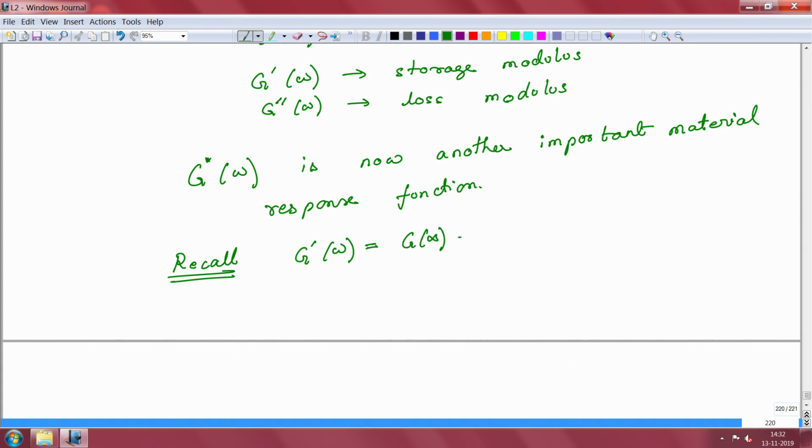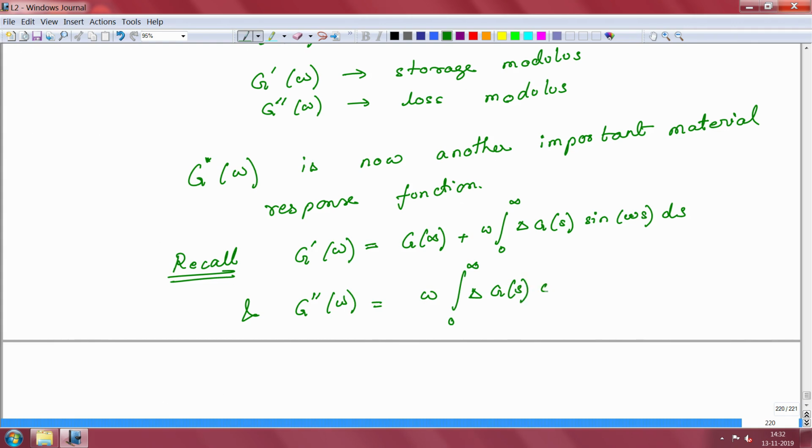So, there was a constant term, and then there is omega integral 0 to infinity delta G s sine omega s ds, and G double dash omega was omega integral 0 to infinity delta G s cosine omega s ds. We have seen this before.